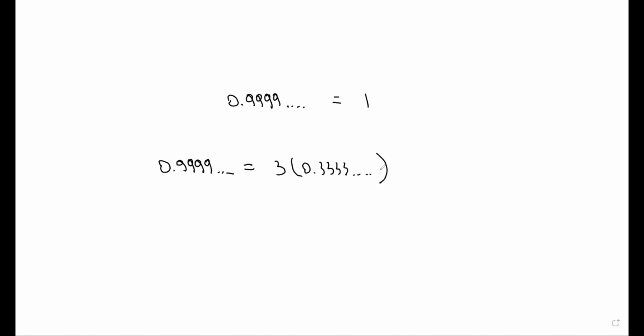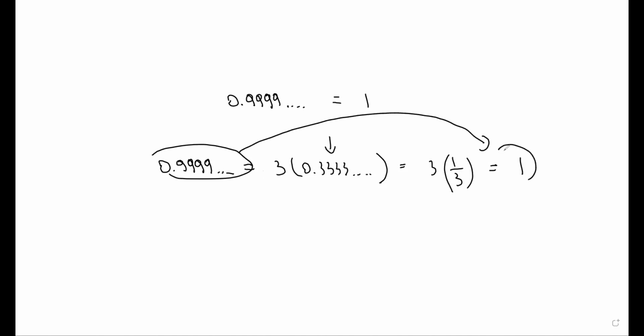So it's still the same number. And then what we can do is take this part and write it as a fraction, because it's just equal to 1/3. So you get 3 times 1/3, and 3 times 1/3, ta-da, is equal to 1. So indeed, 0.99999 going on forever literally does equal 1.